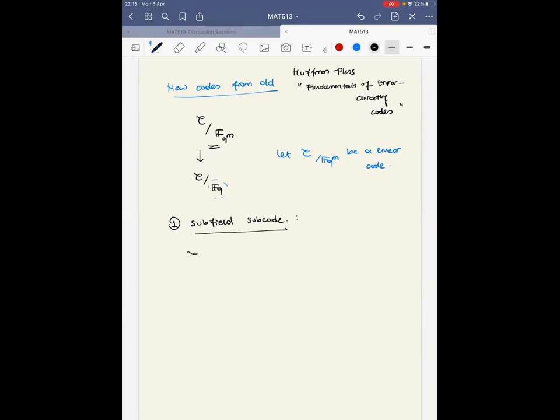And when we consider its intersection with F_q^n, we will denote it by C restricted to F_q, and we will call this structure the subfield subcode of C. Or equivalently, we can also say that it is the restriction of C to F_q.